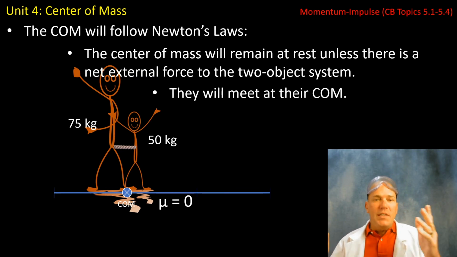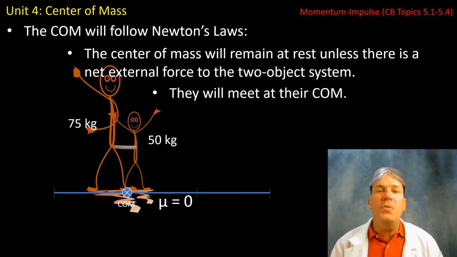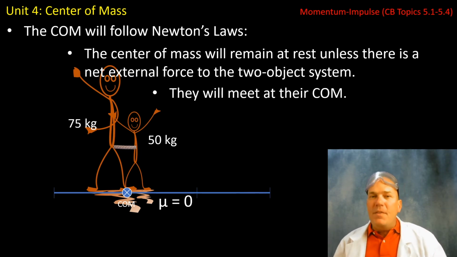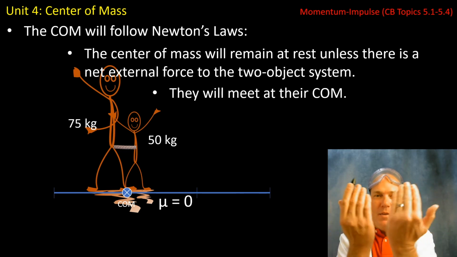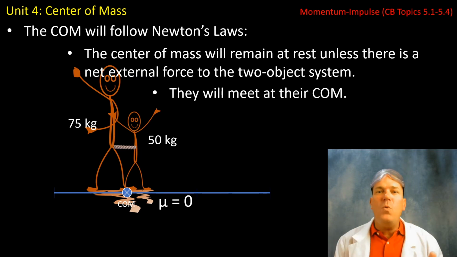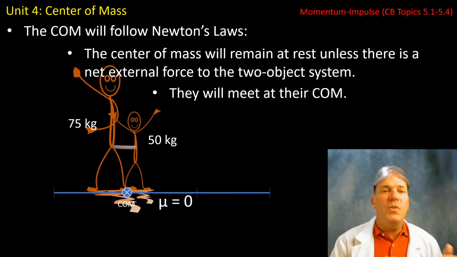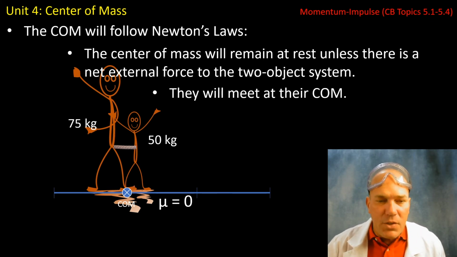We'll do this in class as well. You can do it with meter sticks and other things, and I'll show you how this works. But if they both pull on each other, they will ultimately meet at their center of mass. There were no external forces to the two-object system. So what did the center of mass do?